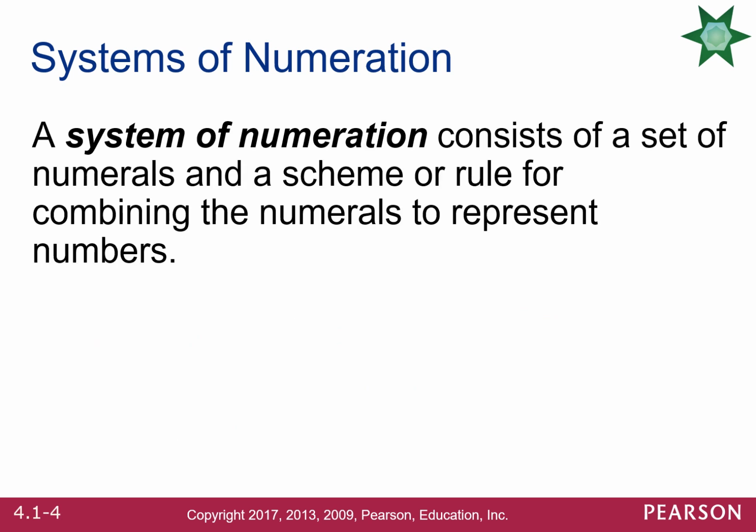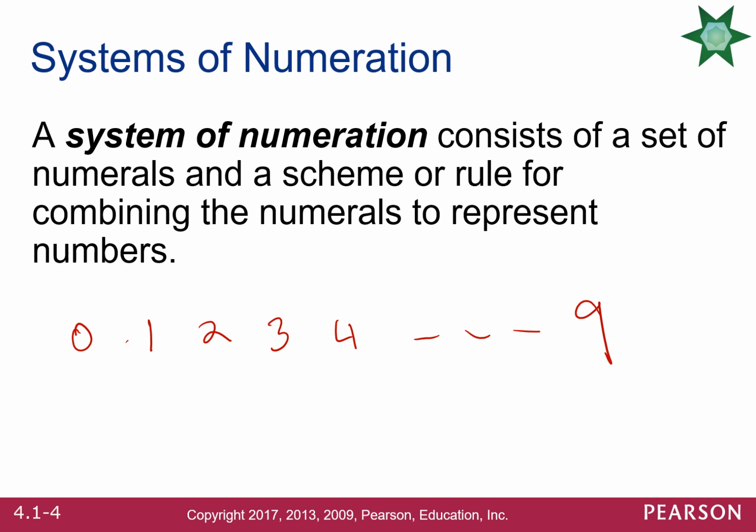So I think we pretty much now understand what a system of numeration means. So let's just read through it. It says a system of numeration consists of a set of numerals and a scheme or rule for combining the numerals to represent numbers. So we have our numerals, for example, 0, 1, 2, 3, 4, and so on, all the way to 9, but we also will learn how to come up with a rule, special techniques to combine the numerals to represent different numbers.